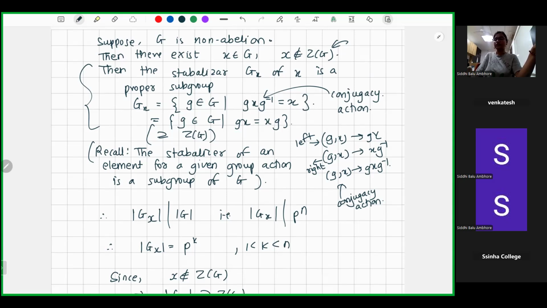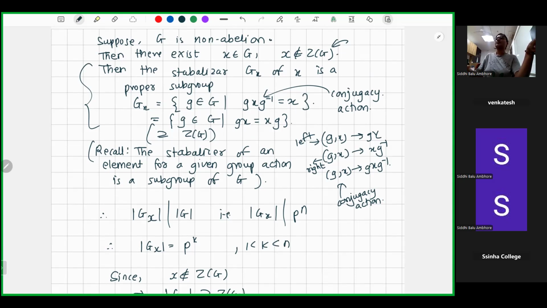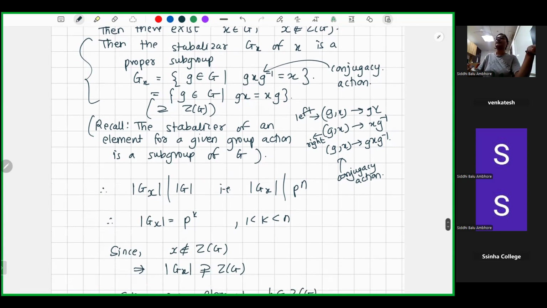And the moment I have this Gx containing the elements which commute with x, it will definitely contain the center of group G, because the center of the group contains all the elements which commute with every other element of the group. And x is one of them, so the center of the group will definitely be there.